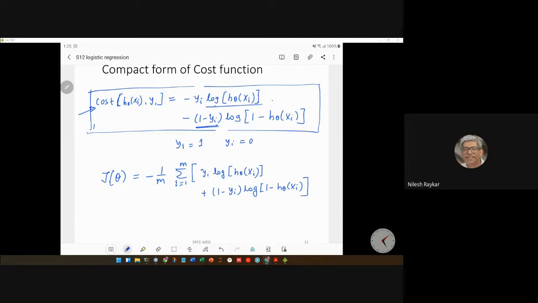So you sum up the cost over all the samples, and that is your cost function, which is used for logistic regression.